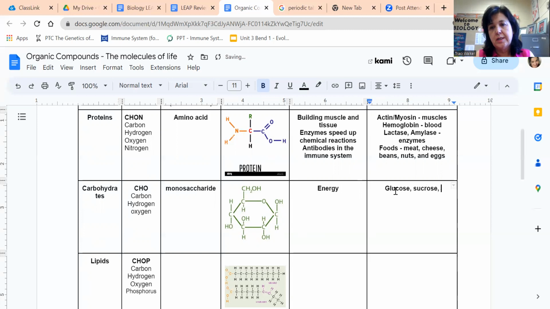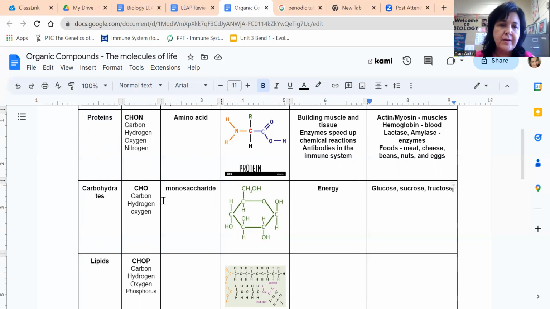sucrose, and fructose. So glucose is what you find in your foods, like your vegetables and your pasta and your breads and things like that. Sucrose is table sugar, and then fructose is the sugar that you find in fruits.